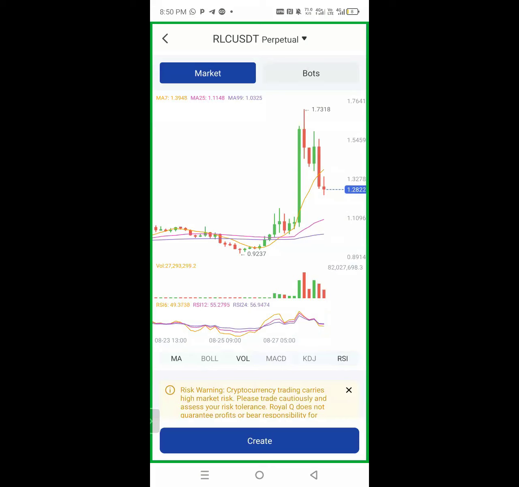If you click on this place, you see the RSI. The RSI 6 here now is 49. The RSI 12 is 55. The RSI 24 is 56.